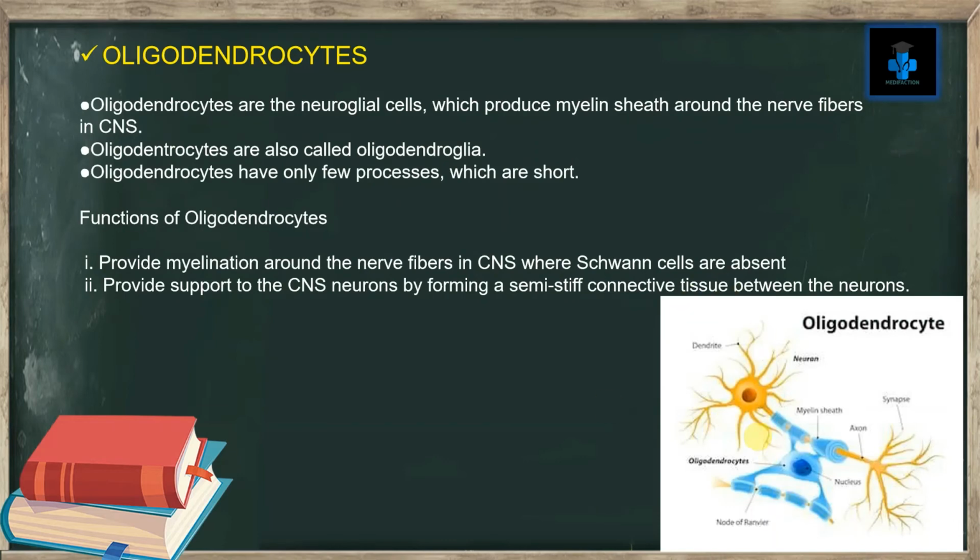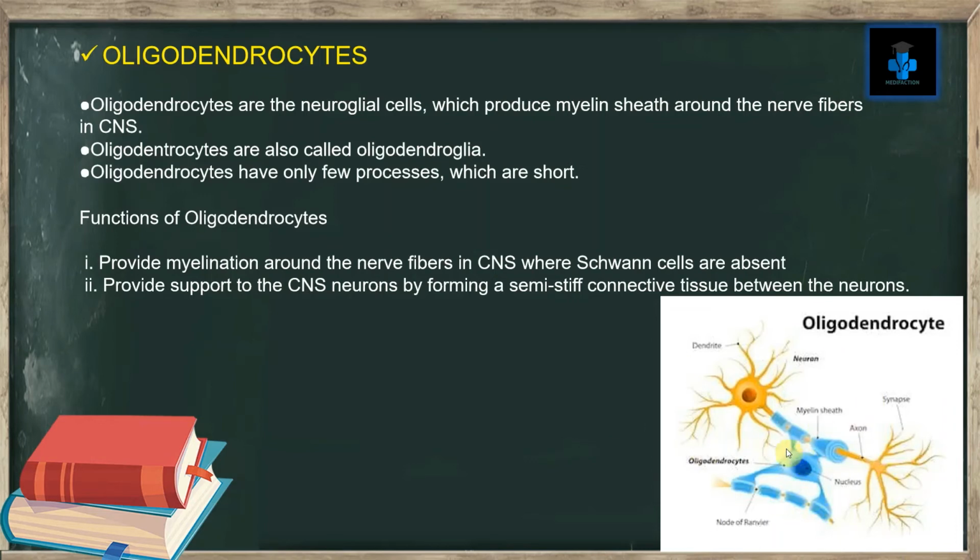The oligodendrocytes. The oligodendrocytes are the neuroglial cells which produce myelin sheath around the nerve fibers in the central nervous system. Oligodendrocytes are also called oligodendroglia. Oligodendrocytes have only few processes which are short.